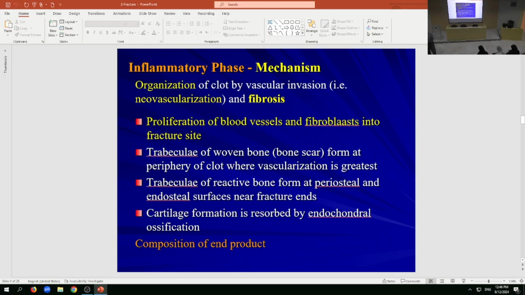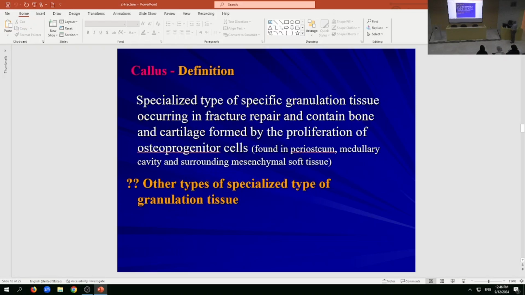Does it have a name? Come on. Callus. So callus is a special type of granulation tissue occurring in fracture repair and containing bone and cartilage, as I mentioned earlier, formed by the proliferation of the osteoprogenitor cells.